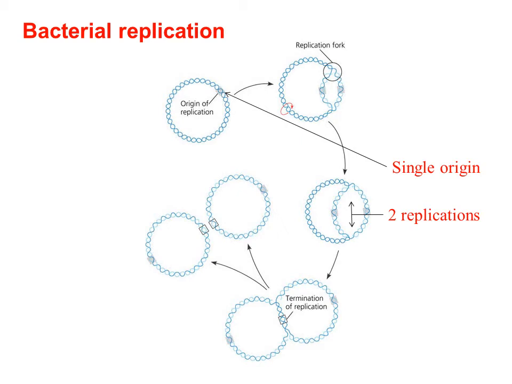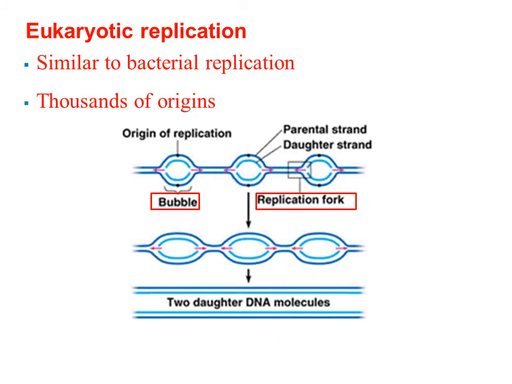Therefore, replication will take place for that whole circular chromosome, but you only have one replication origin. Whereas eukaryotic chromosomes are linear, you'll have multiple replication bubbles.